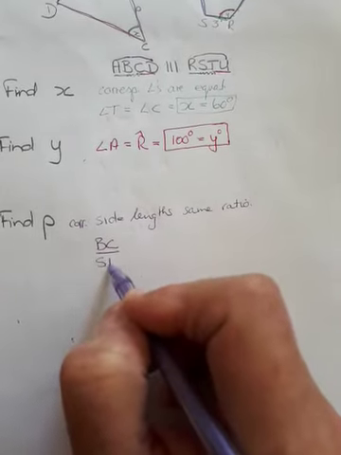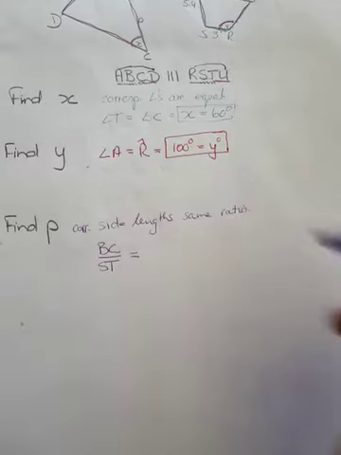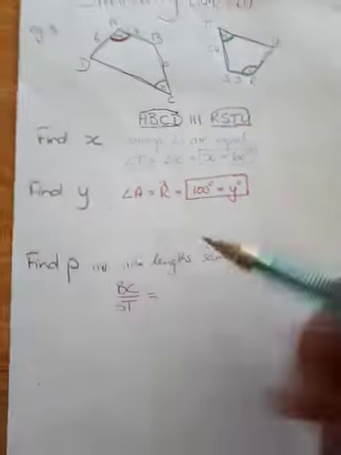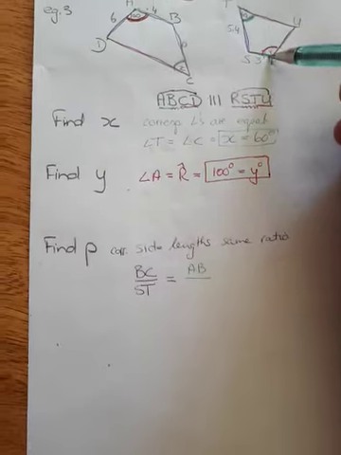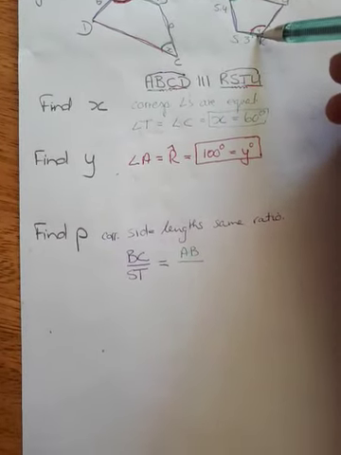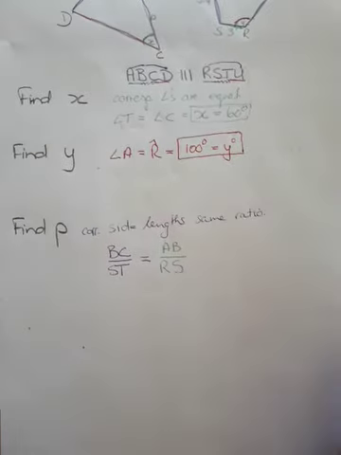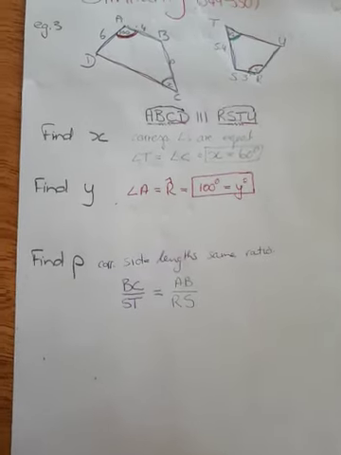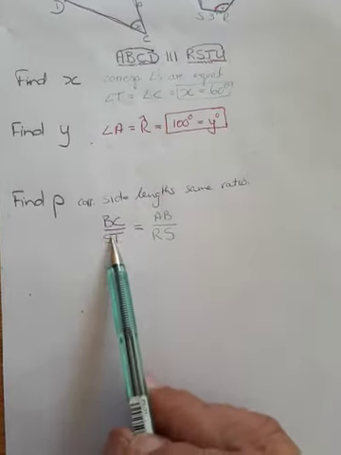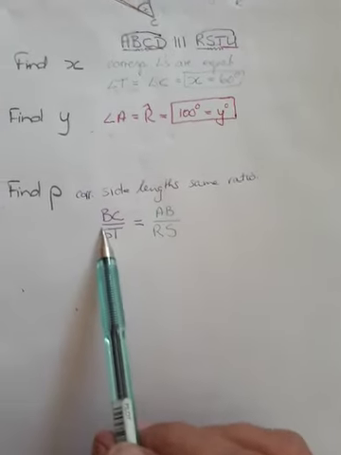So if we divide BC by ST, then we will be getting the same answer as, for instance, AB divided by its corresponding side, which is RS. So the sides will give you the same ratio, but you must always make sure that you've got the corresponding sides, and you need to divide the corresponding sides.